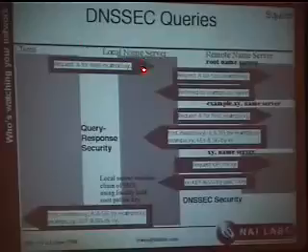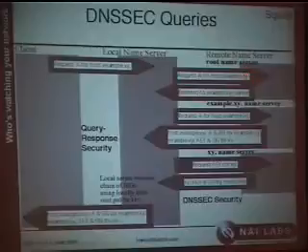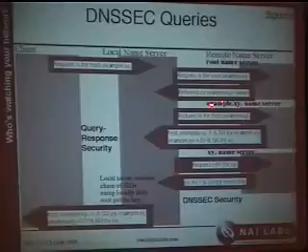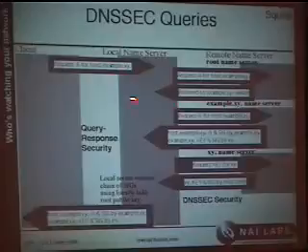The first thing this name server will do, assuming it knows nothing about the answer, is go off to a root server and say, where do I get this information? And the root server, I'm going to assume here, which happens sometimes in operations, has the root zone plus also the ccTLDs or the top-level domains. It'll send back an answer saying that to get host.example.xy, you have to go to example.xy.